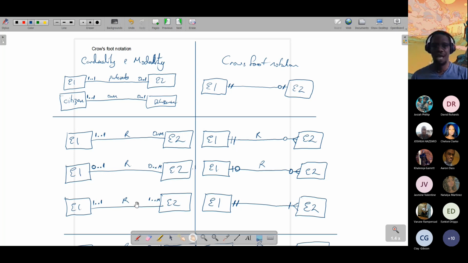So if you want to utilize the notation on this side, that's fine with me, as long as you implement it correctly. Likewise for crow's foot notation. But the thing is, I'm showing you both so that when you are doing a study on your own, if you see one notation or the other, you are able to understand these notations.